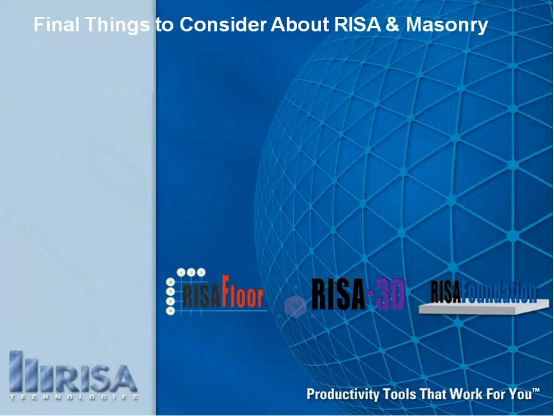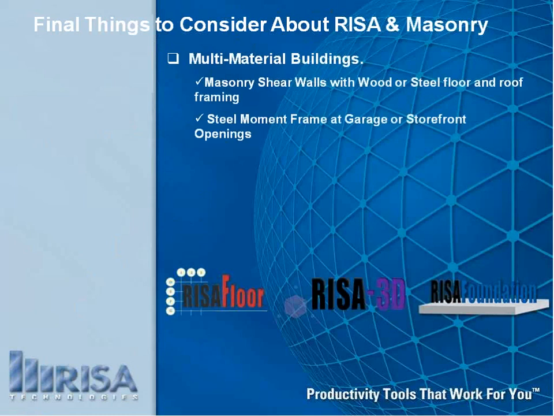So final things to talk about with RISA Floor and RISA 3D and RISA Foundation, the three programs we've been focusing on here. We've got the multi-material buildings, which is what gives us the power in this system. So you can build masonry shear walls with wood and steel floors, with roof framing that can be wood, steel. You can use cold-formed as well. You can use moment frames.